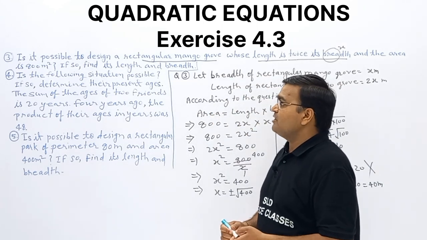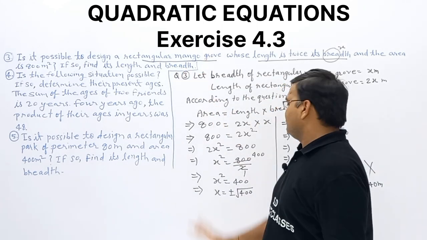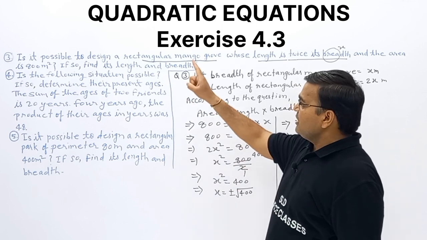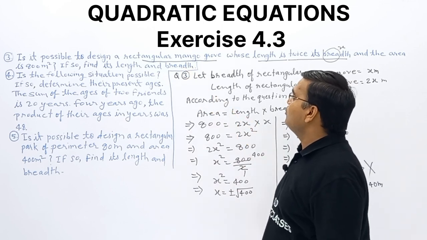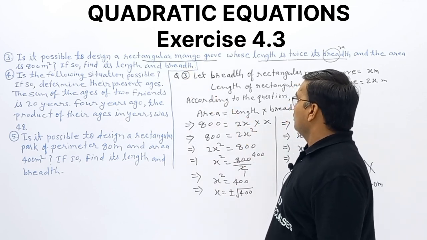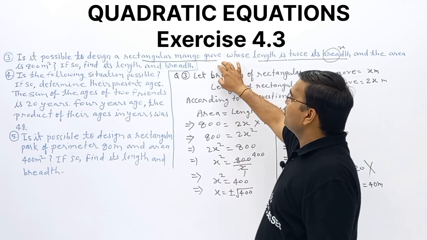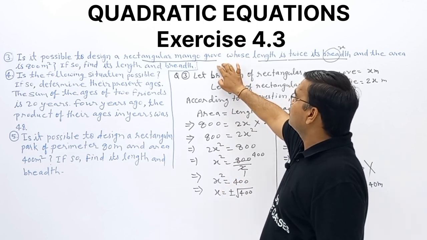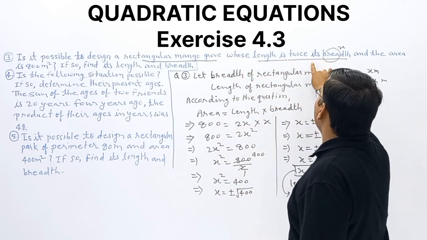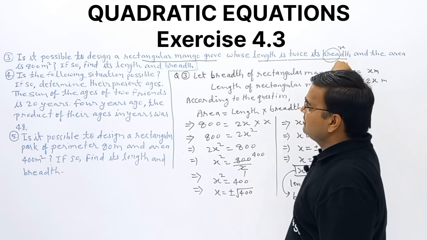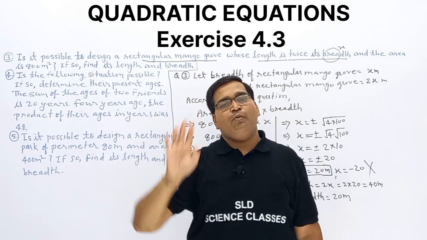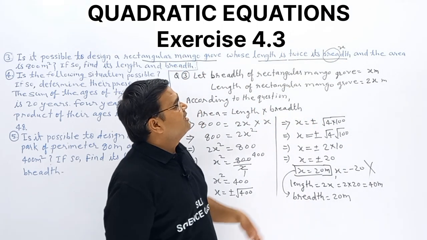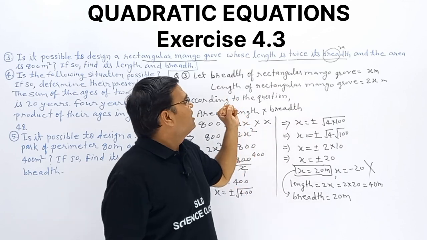I am revising. What is this? Is it possible to design a rectangular mango grove whose length is twice its breadth and area given?